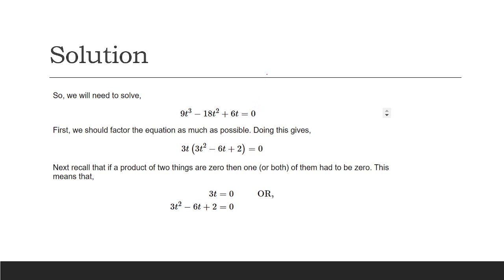Using our knowledge in algebra, the best way to solve this is i-factor out muna natin yung common na factor nila. So, if we factor out 3t from the whole equation, we will have 3t times 3t squared minus 6t plus 2 is equal to 0. Now, this is a product. Therefore, pwede pa natin silang paghiwalayin into 3t is equal to 0 and 3t squared minus 6t plus 2 is equal to 0.